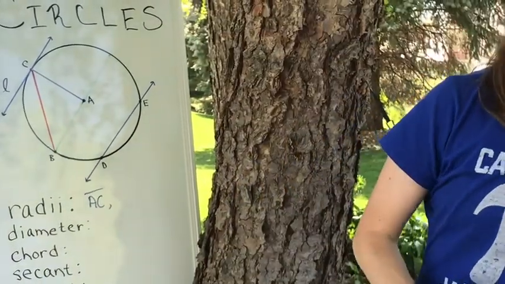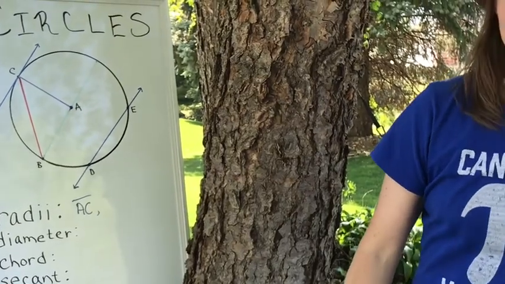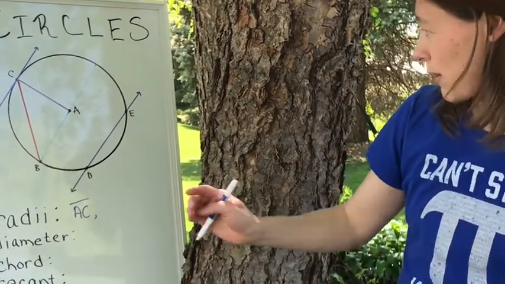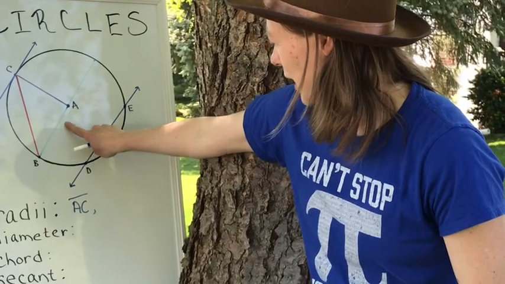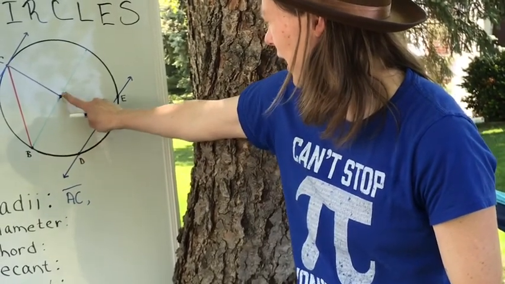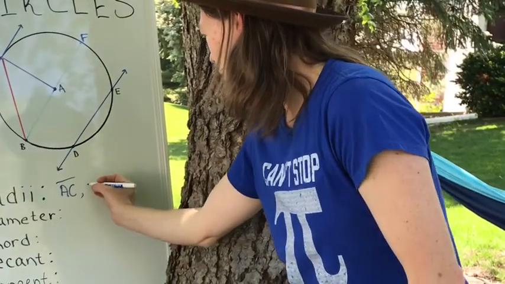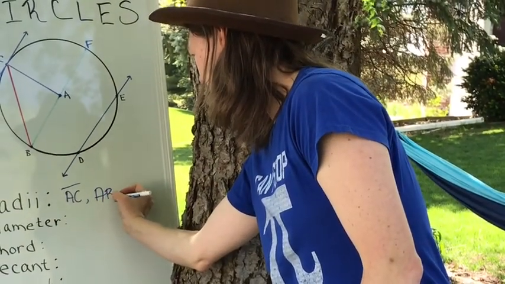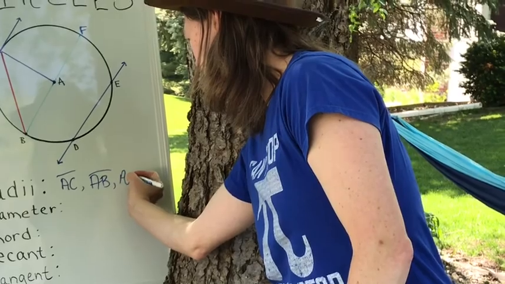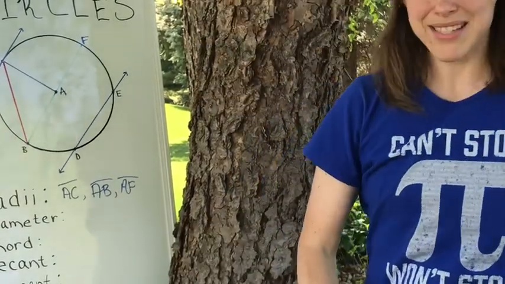However, there are more, because if you take from the center out to any point, there's also this one, AB, and this one, AF. Easy, right?